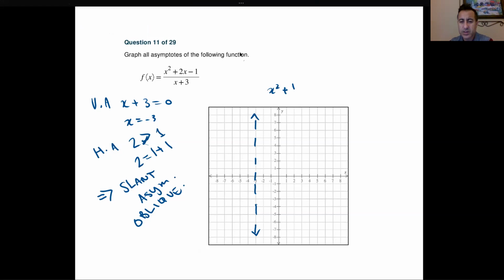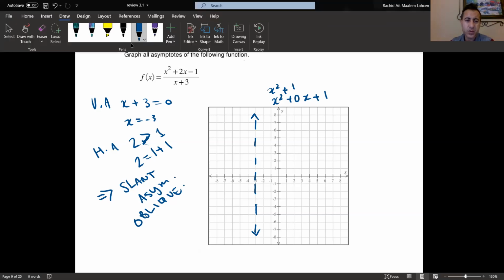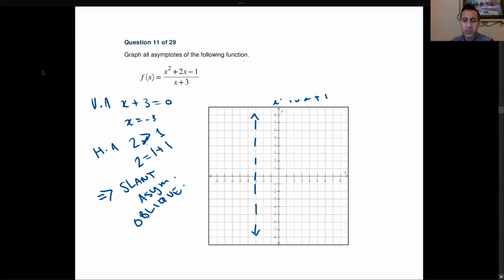The x is missing, so you will create that missing term, which is 0x. This is the better way to start. This is x plus 3, so we'll go ahead and do the long division.